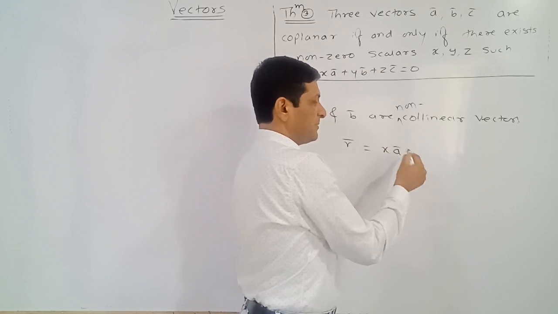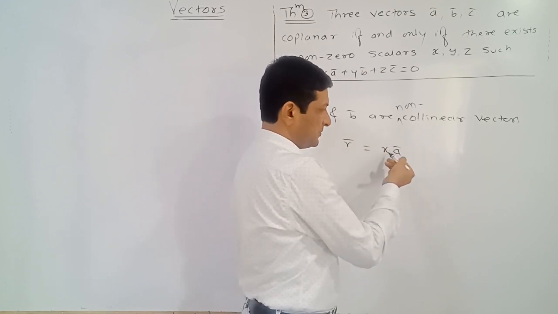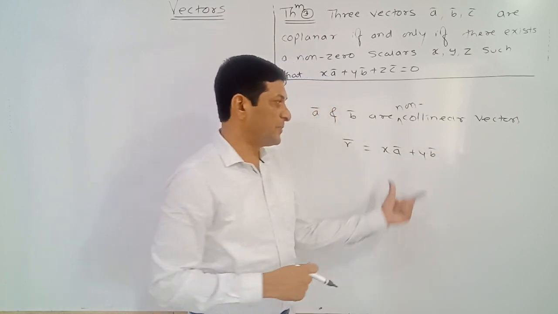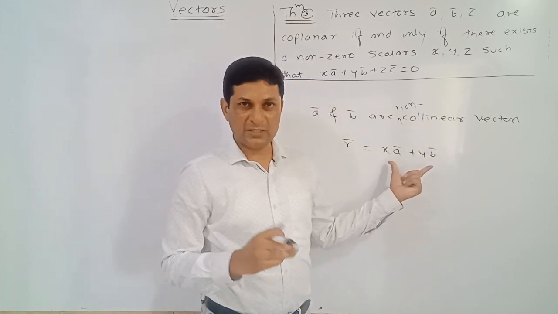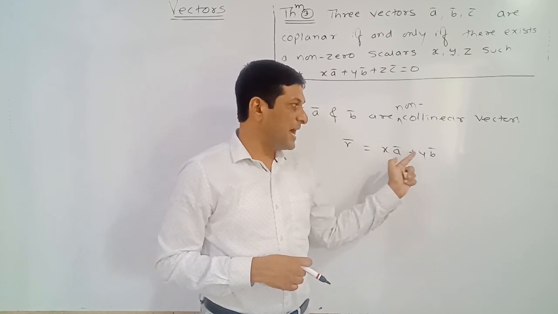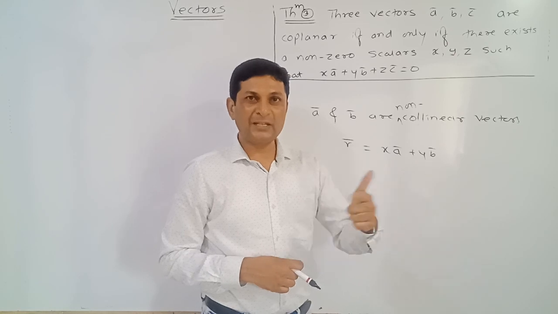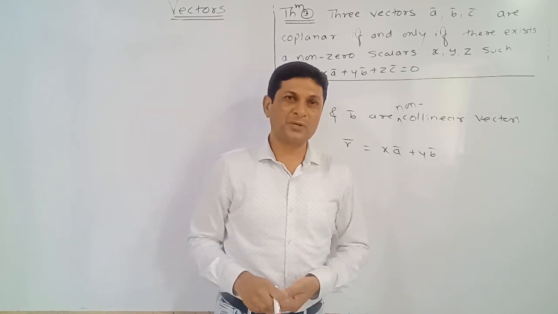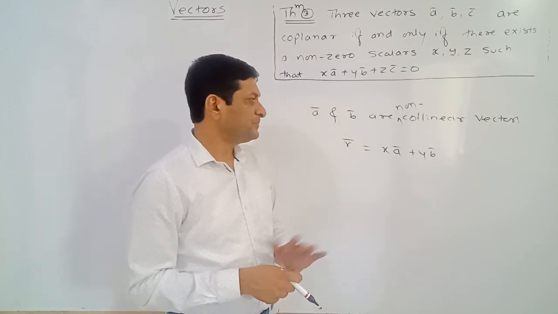A linear combination of A bar and B bar is an expression which can be written as XA bar plus YB bar. In our second theorem, instead of x and y we used scalars t1 and t2. That is our choice; we can denote them by any small letter.